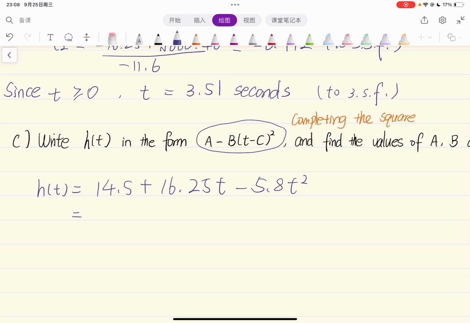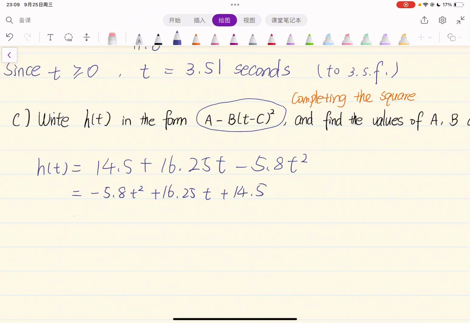I like to put the coefficient of a in front, so we rearrange that as minus 5.8t squared plus 16.25t plus 14.5. We should take out the minus 5.8, so times t squared, and then 16.25 divided by minus 5.8.